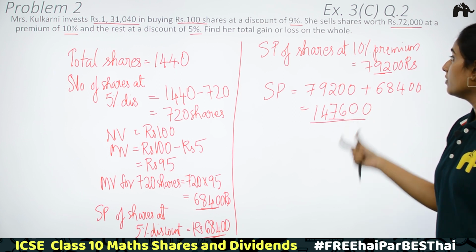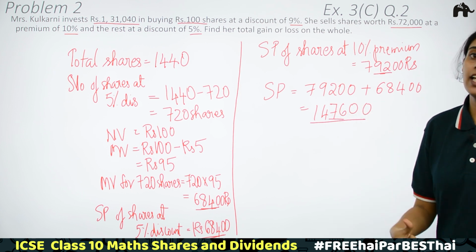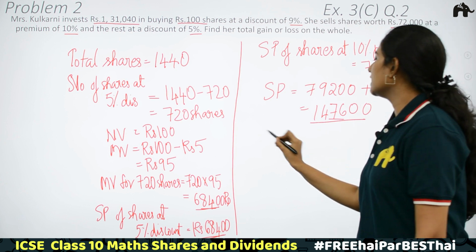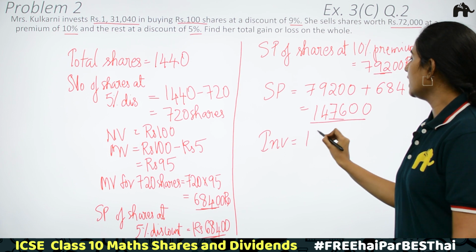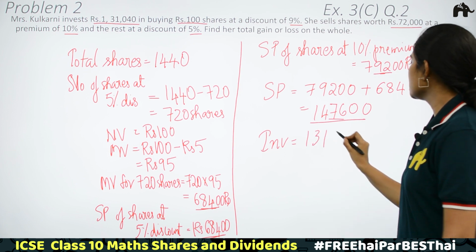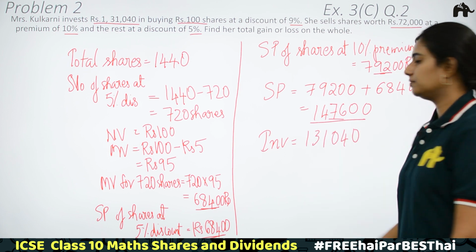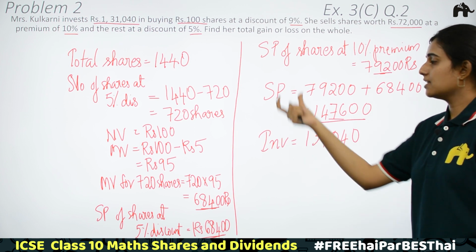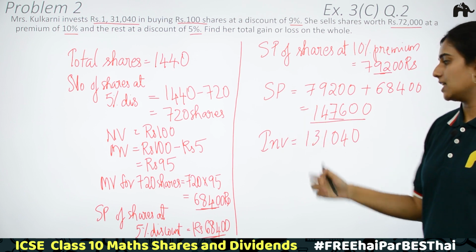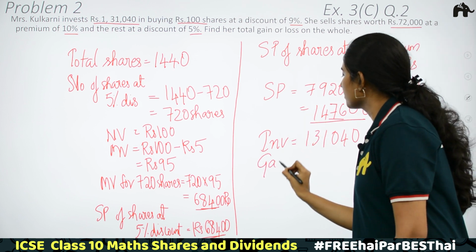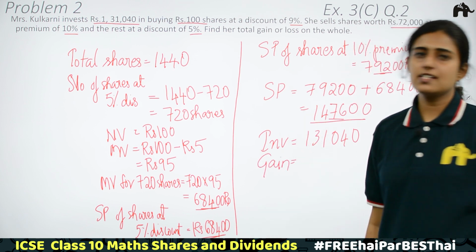Now, we need to find if there is a gain or loss. What is the initial investment? That is 1,31,040. Which is greater, selling price or investment? Selling price is greater. Therefore, we have a gain. Now, what is the gain?